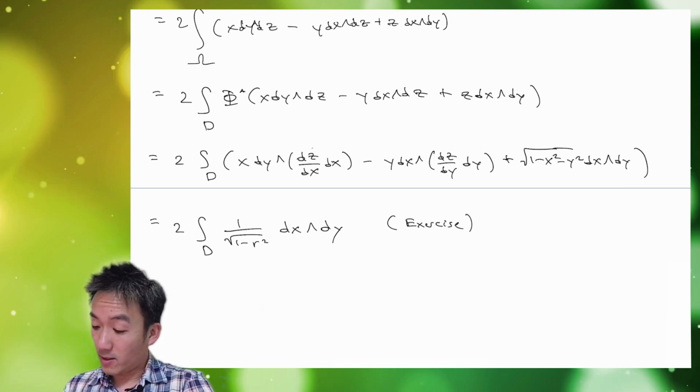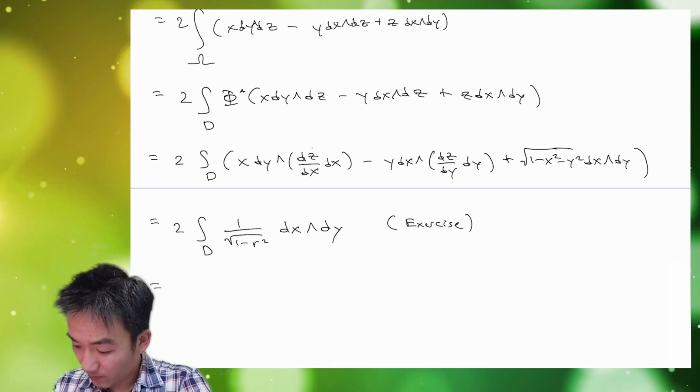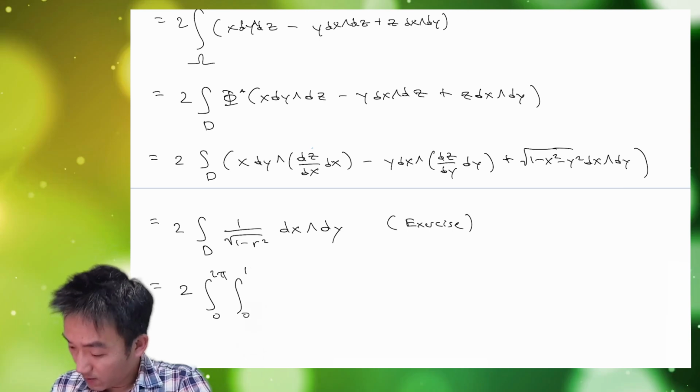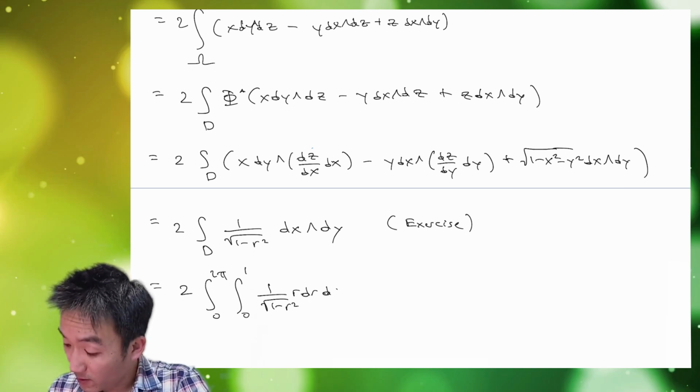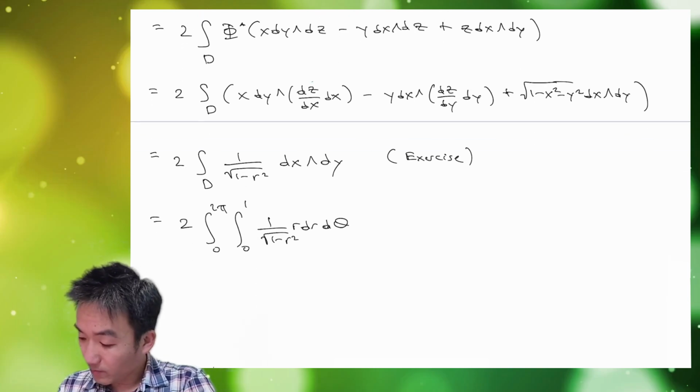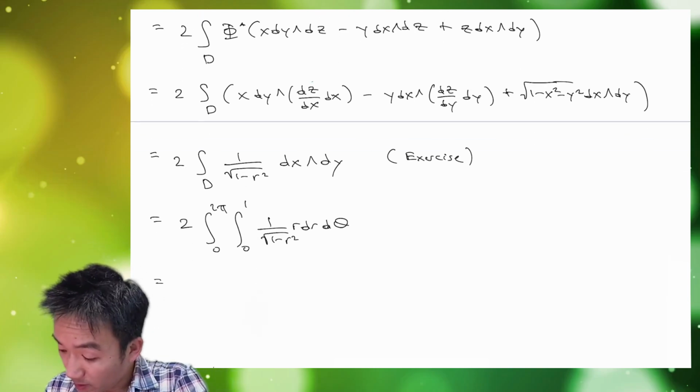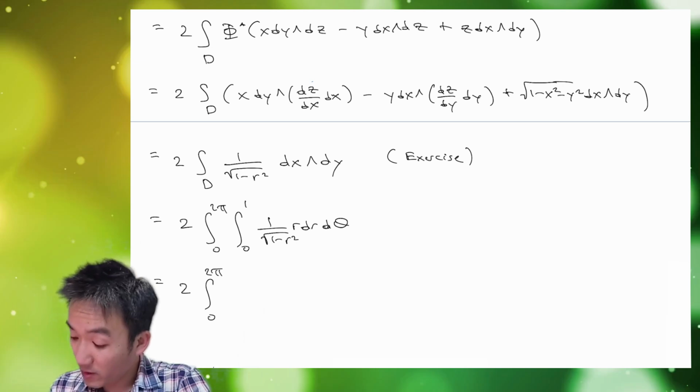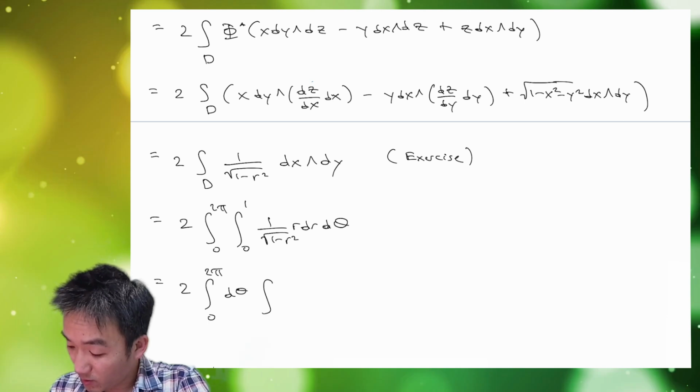Okay, and now we're almost done. We just do the same polar coordinates change of variables like last time. Then we're going to get this integral. The dx wedge dy becomes r dr d theta. And we're in the separable case where we can just compute the integral separately.